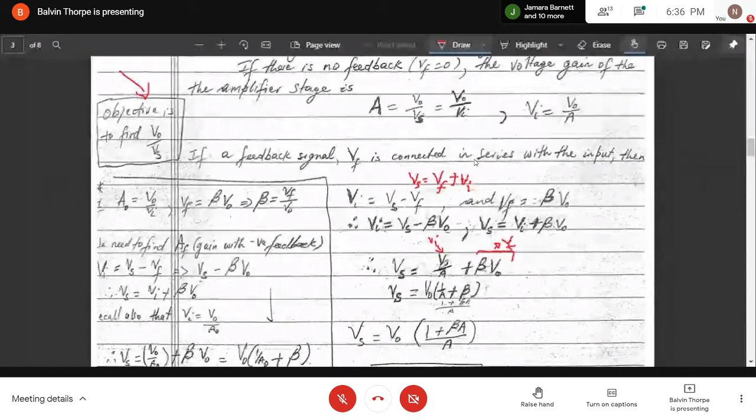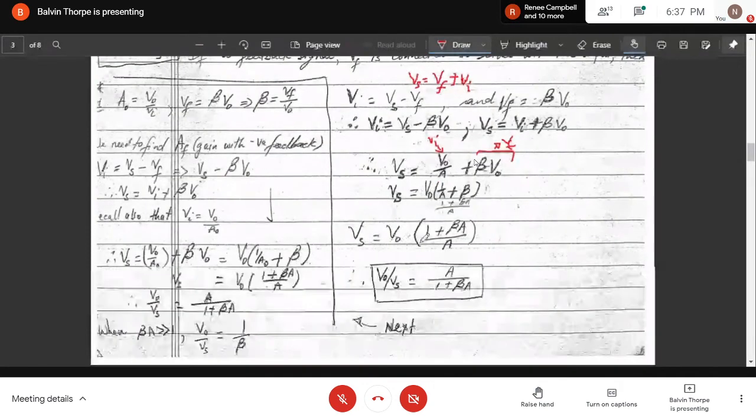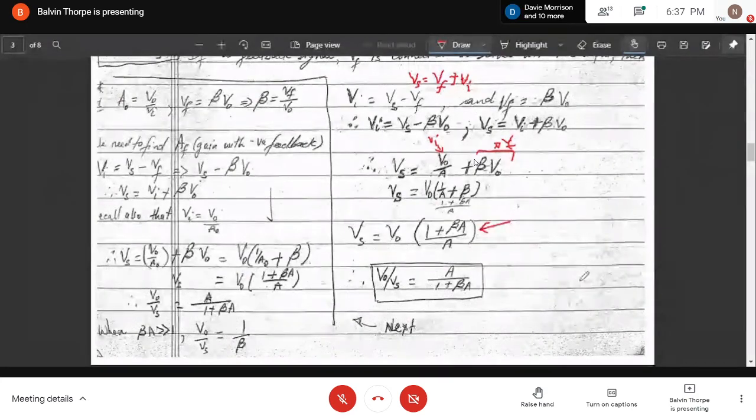If VS equals VO over A plus beta VO, that's what VS is. So we can factor out VO because we have VO on both sides. So VS equals VO times 1 over A plus beta, which is VO times (1 plus beta A) over A. That's what VS is.